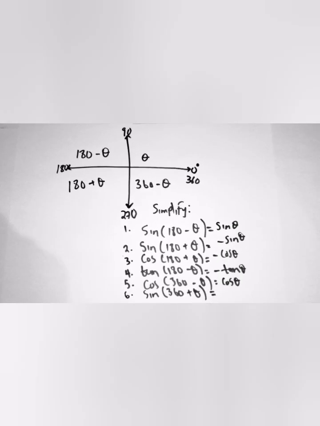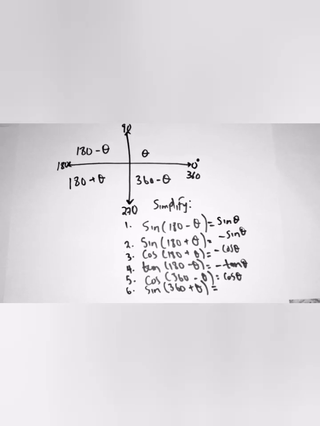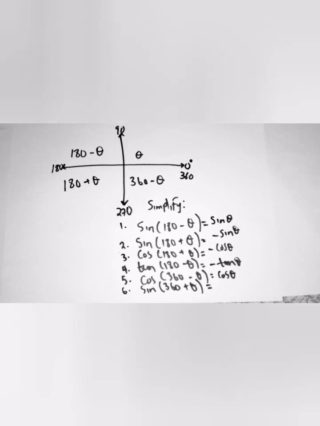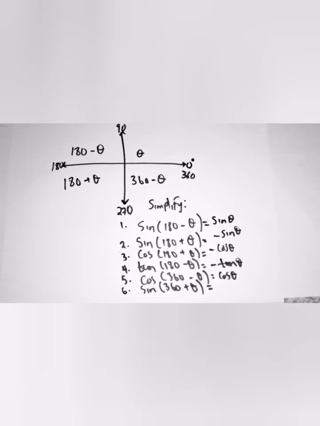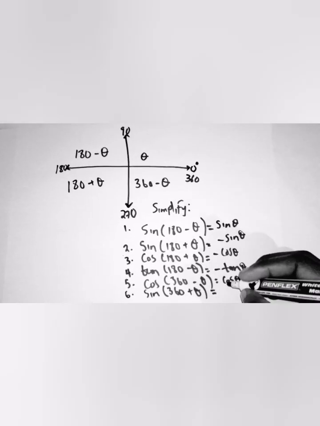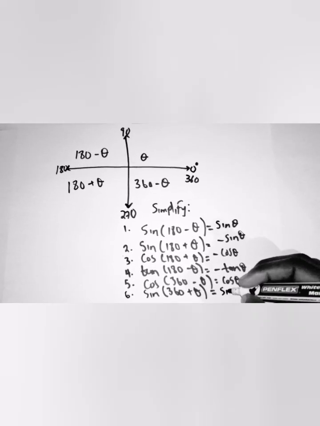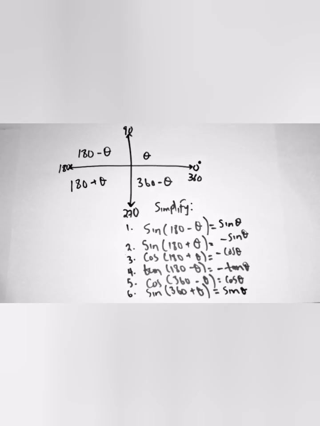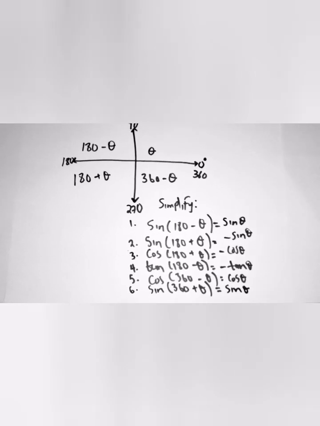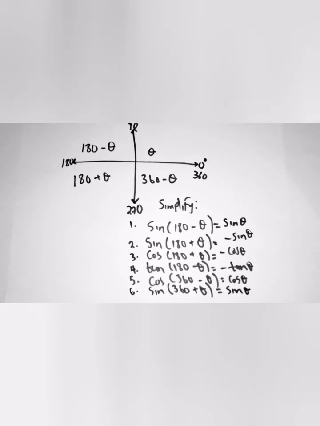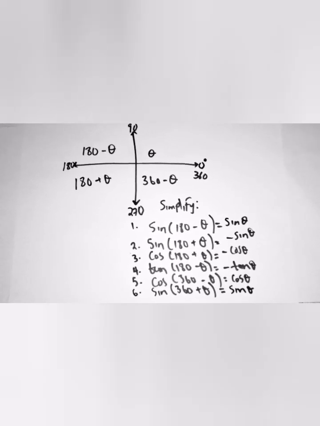So we close the trig ratio, then we look at what is inside the brackets. It is 360 plus theta, and 360 plus theta is in the first quadrant. Therefore, all of them will be positive. That is why we have a sine of theta, or positive sine theta.